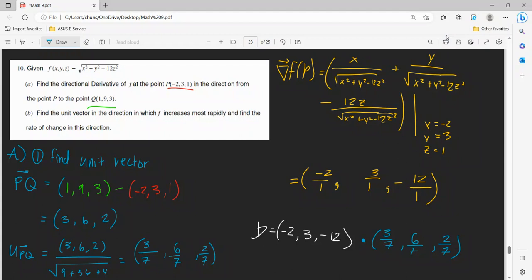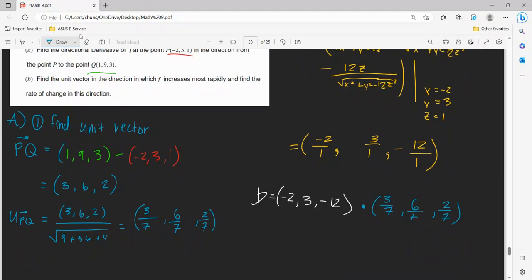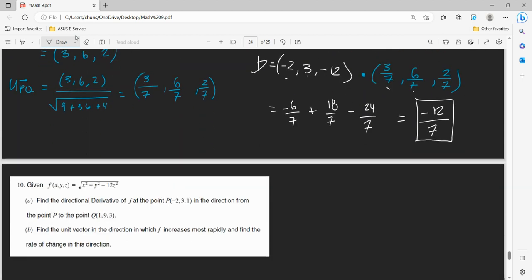When we take the dot product, this is negative 2 times 3 over 7, which is negative 6 over 7. This is 3 times 6 over 7, so plus 18 over 7, and minus 24 over 7. So negative 6 plus 18 minus 24 is equal to negative 12, which gives us negative 12 over 7. Okay, so that's it for part A.